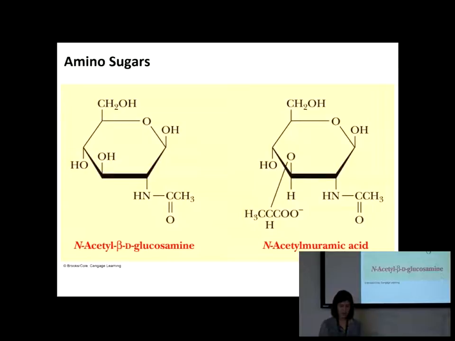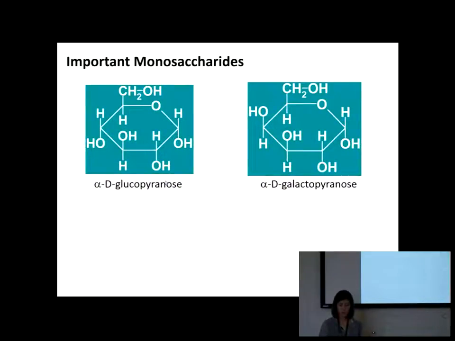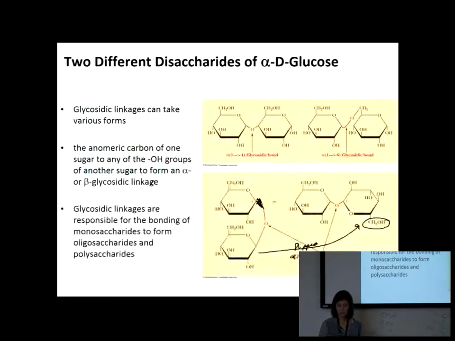Dr. Bear, I have a question. For slide 23, why are we not also specifying D in the name? We're just naming the bond. I'm not naming the whole thing. I'm just naming the bond here. So yes, to name it properly, you would say D-glucose or whatever. So for the beta, it doesn't necessarily always have to involve the anomeric carbon for the second ring.